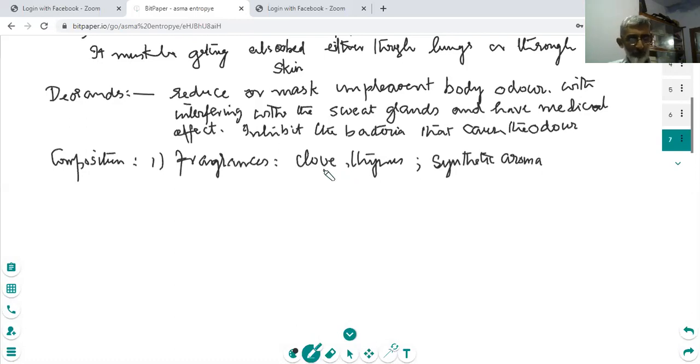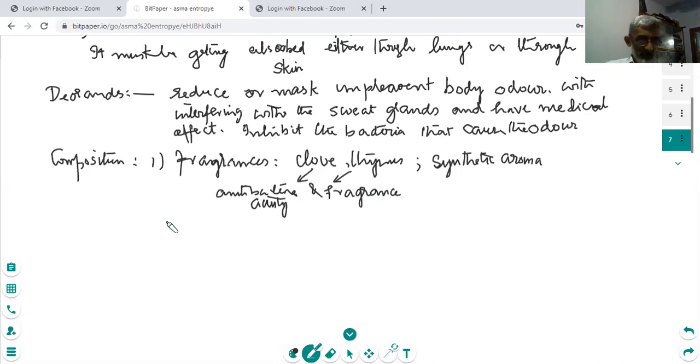This clove oil and thyme oil have both antibacterial activity and fragrance. Okay, so this is the first component.